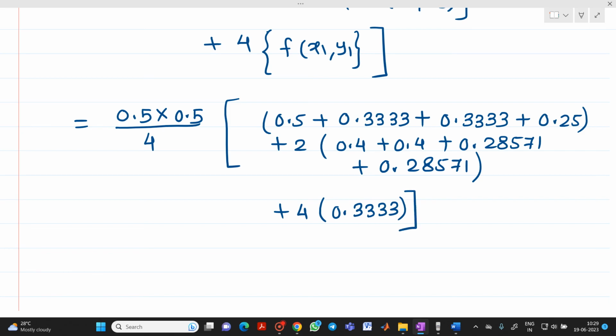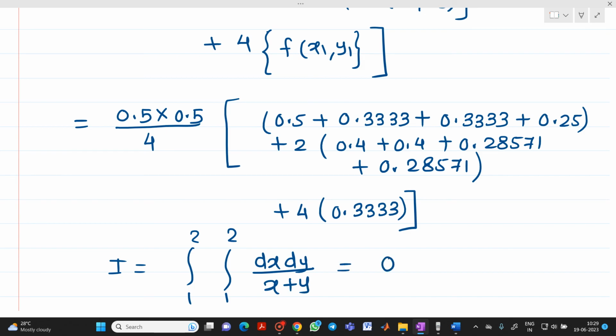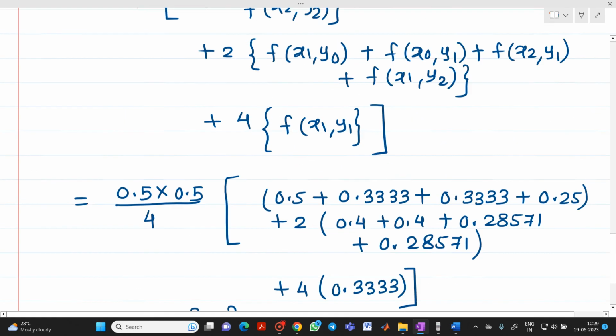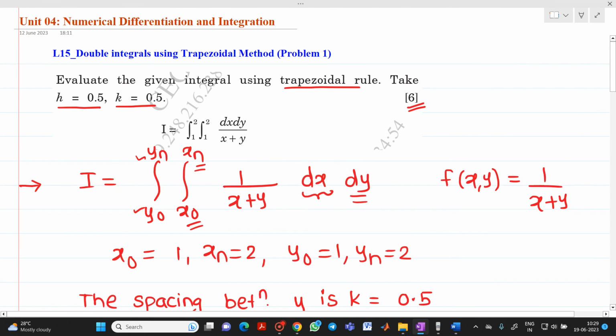So if you solve it with the help of a calculator, you will be able to write the answer for this integral, this is your function dx dy upon x plus y. So it will be equal to, if you put all the values in a calculator, you will get the answer as 0.34329. So this will be the solution of the trapezoidal rule for double integral.